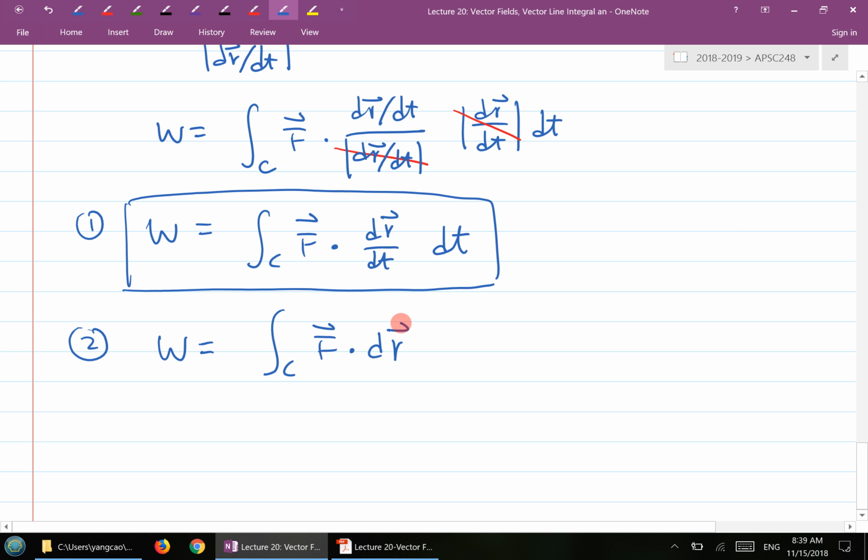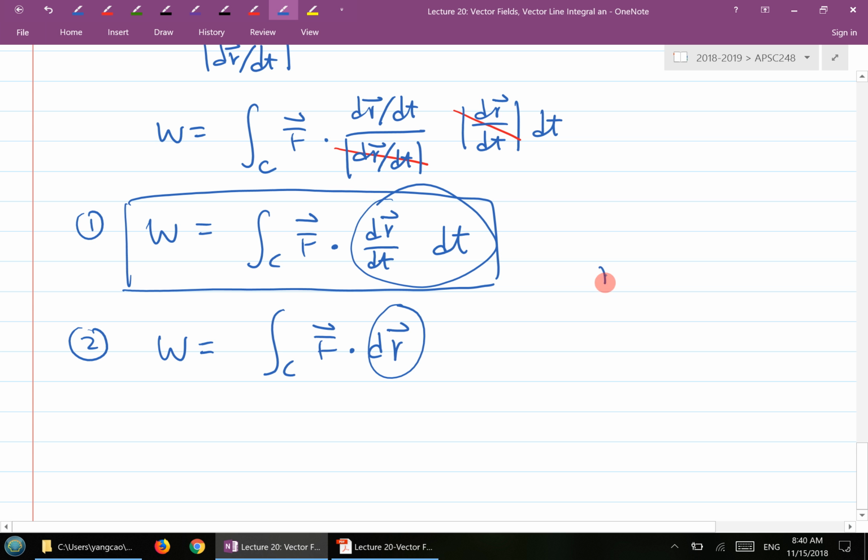But I need you to point out the difference here, because I noticed in the past a lot of students don't know the difference. What's the difference between this and this? Technically no difference, but when it comes to the computation, some potential mistakes could happen.